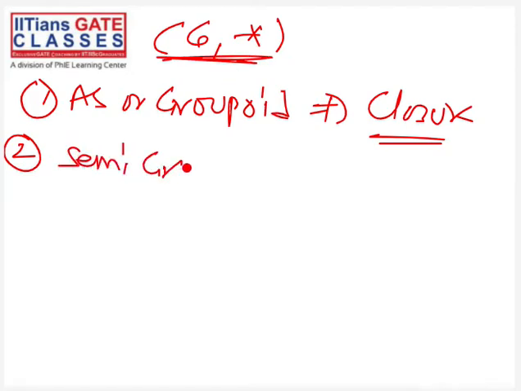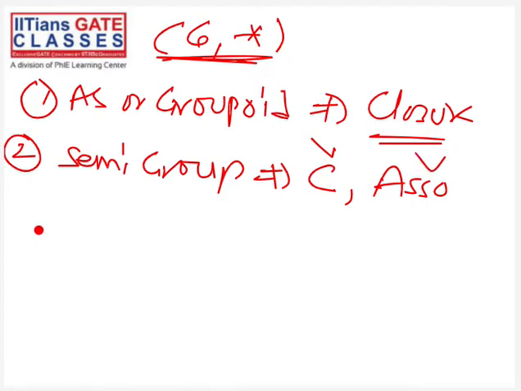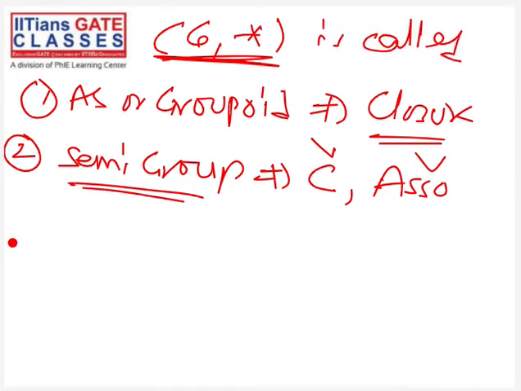This pair will be called semi group if and only if this closure property must satisfy and associative property also must satisfy. Then this pair is called semi group. Okay, this is the definition basically.